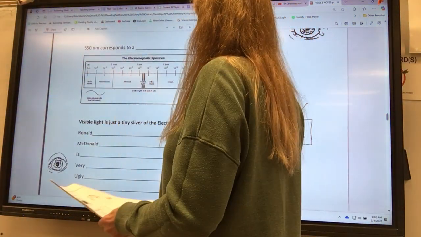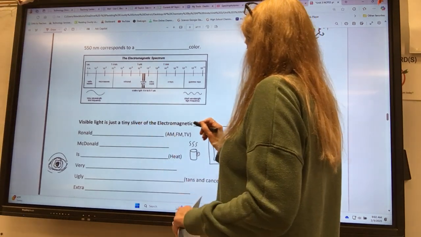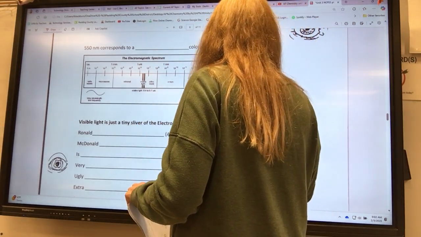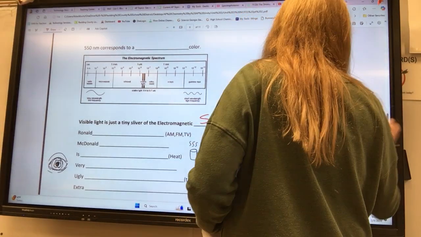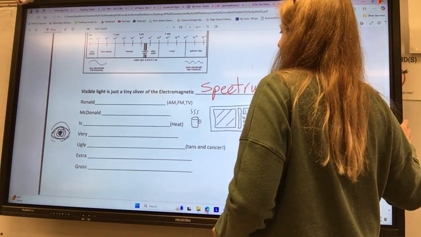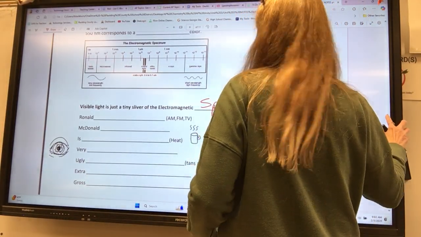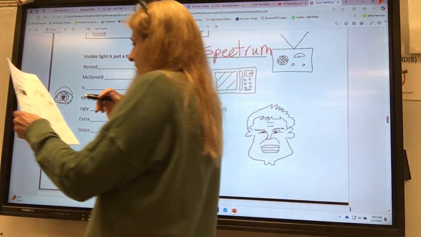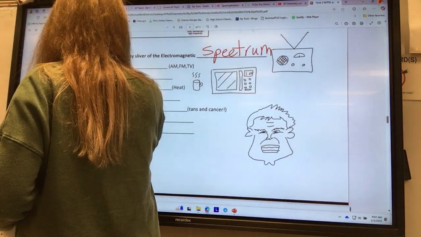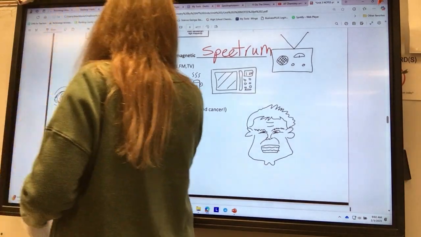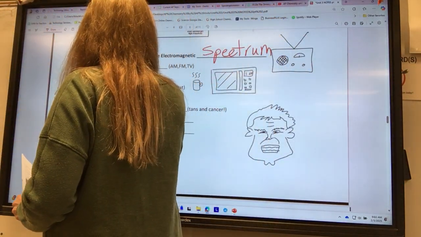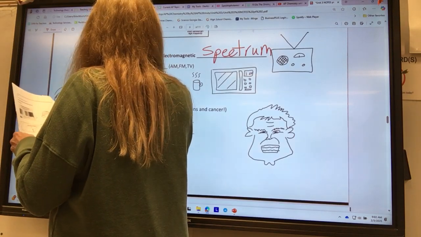Okay, so visible light is just a tiny part of the electromagnetic spectrum. You can remember the order of the electromagnetic spectrum with: Ronald McDonald is very ugly, extra gross. I didn't make this up. It's like ROY G BIV. Ronald stands for radio, and that's AM, FM, and TV. McDonald stands for microwave, but that's not just ovens, it's also your cell phone.